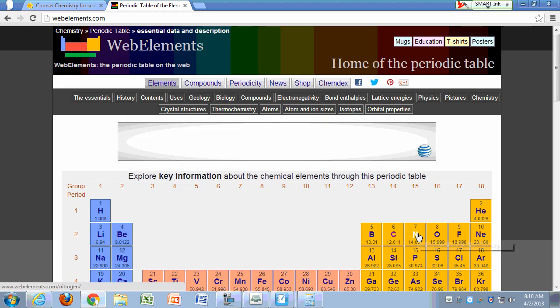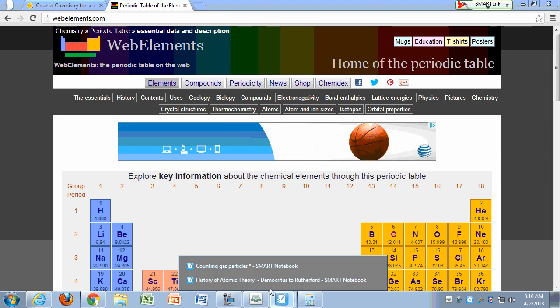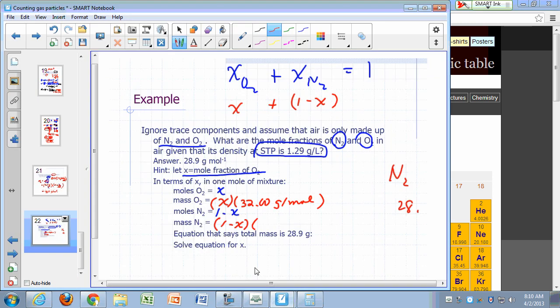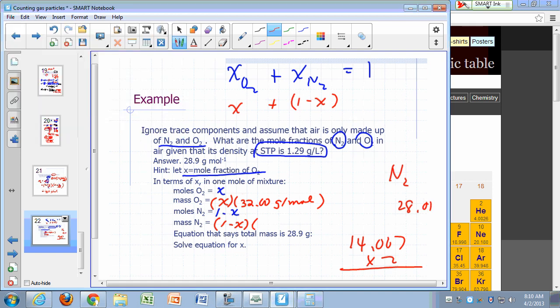Nitrogen is 14.007. 14.007 times 2, so 28.01 grams per mole. So times 28.01 grams per mole.